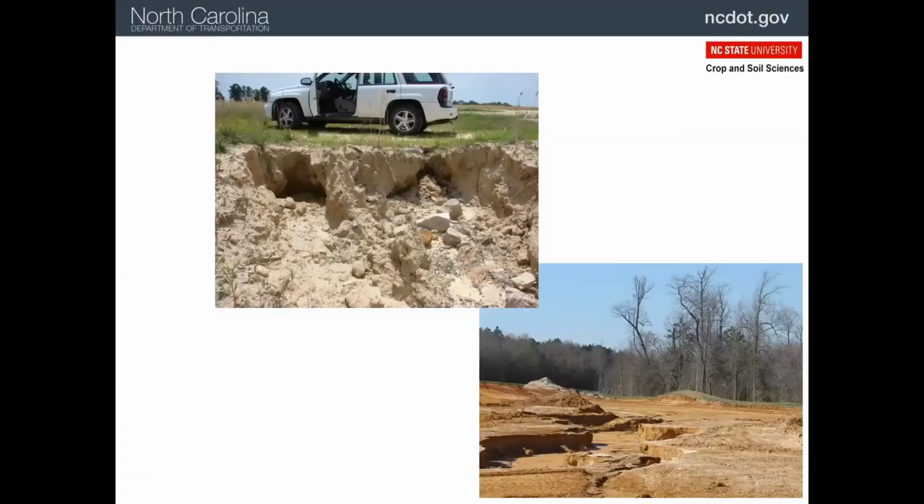Now, when you get beyond rill erosion, you get to gully erosion, and that's what you're looking at here. So top left, that's a really good example of the gullies and how they form. So you see the little cave on the left, that is a gully that is about ready to undercut itself and cave in, which is what's happened on the right side.